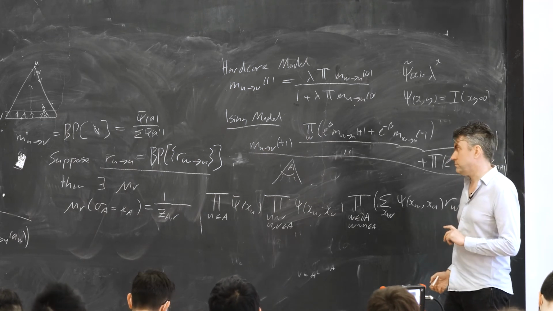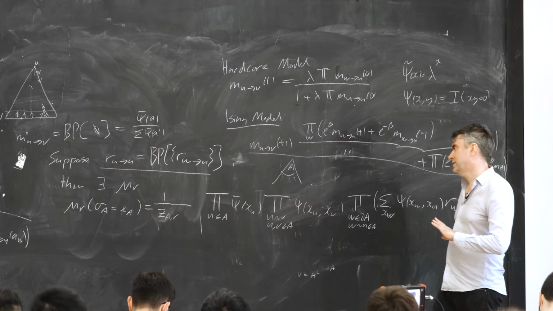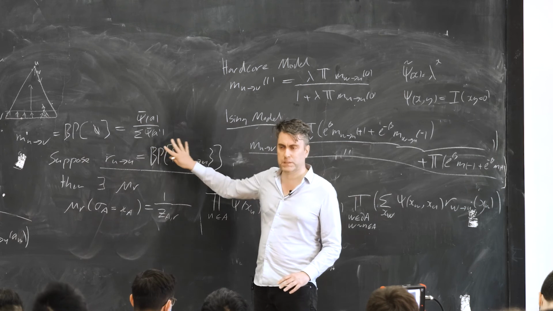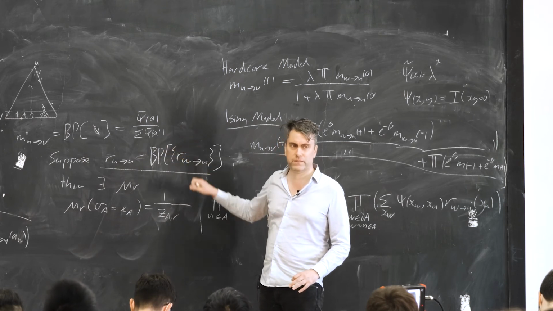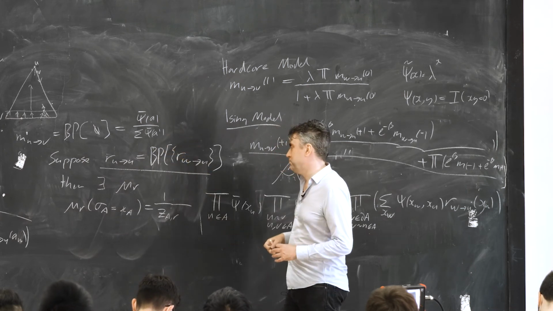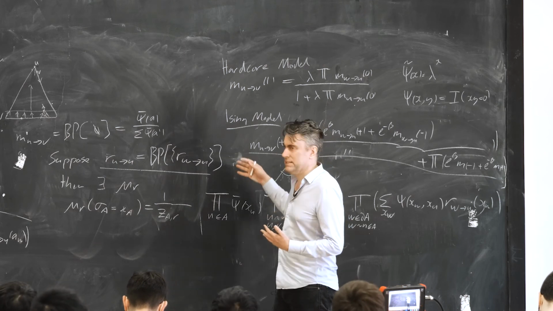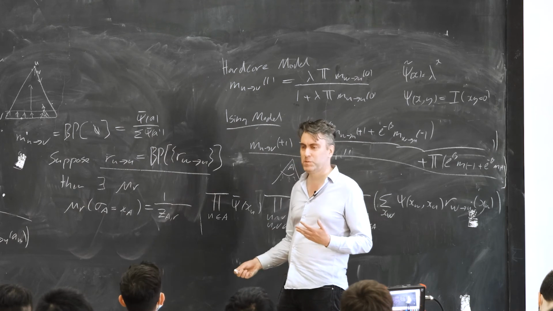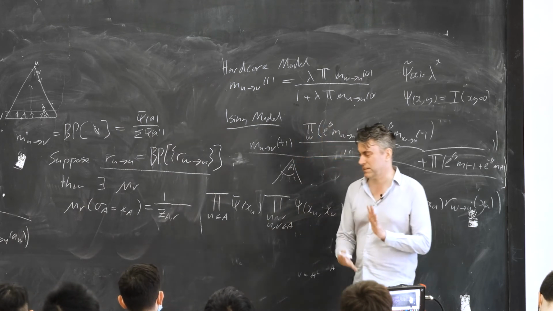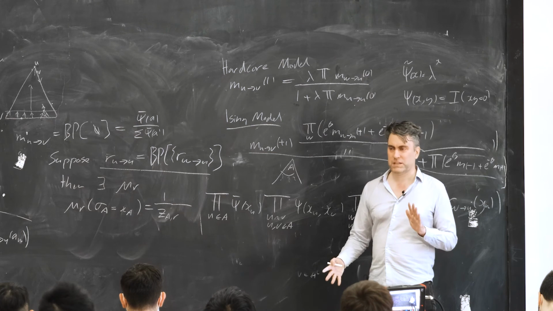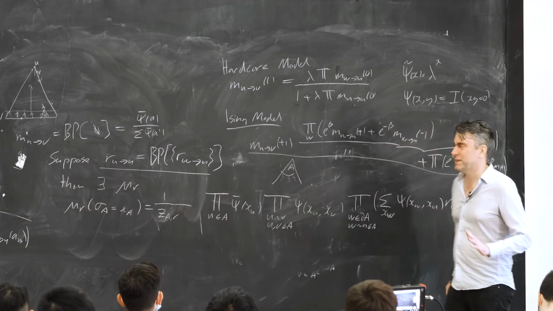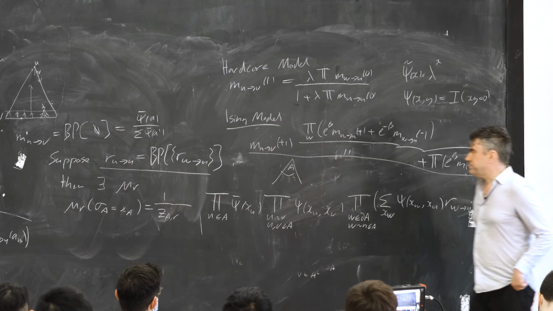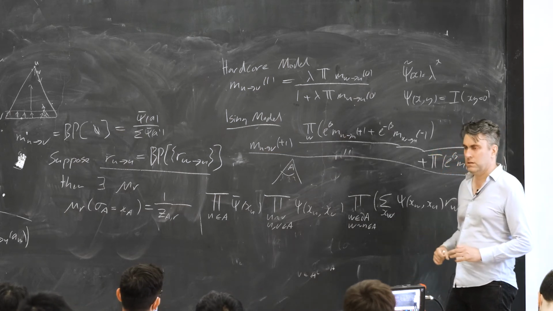So if we can find more than one solution of these BP equations, then there will be more than one Gibbs measure, and because every mixture of Gibbs measures is a Gibbs measure, there'll be infinitely many as well in a trivial way. Okay, but now, can all Gibbs measures be found this way?